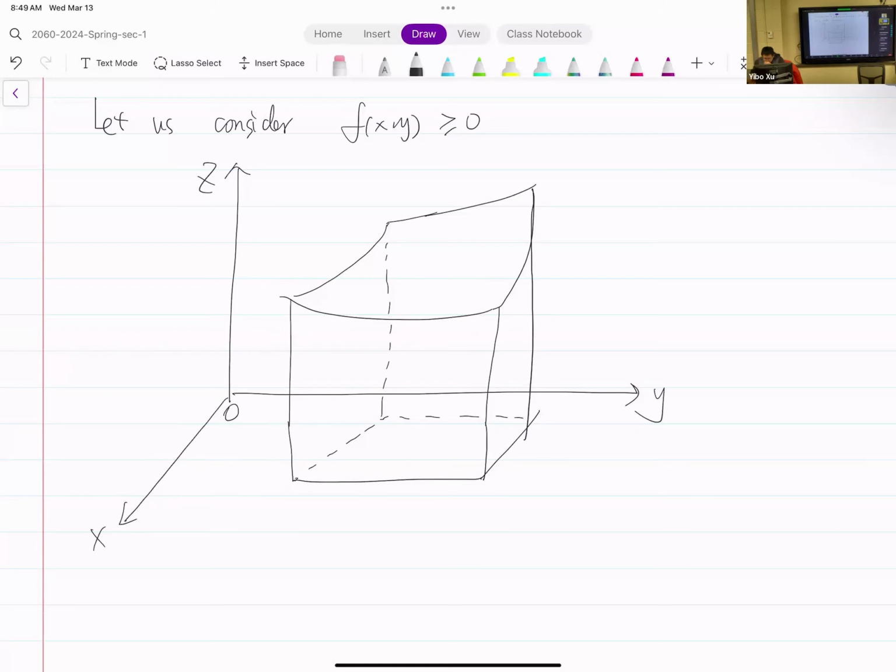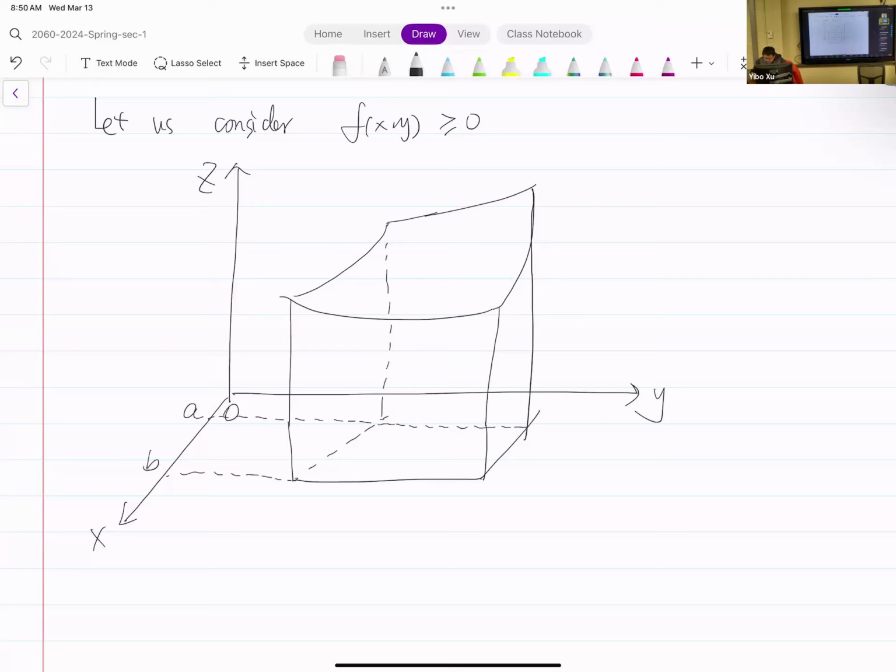Okay, so here, the domain is actually a rectangle. So the x value is cut between these two values. So I'm going to extend these front and back edges. So that's the interval for x from a to b.